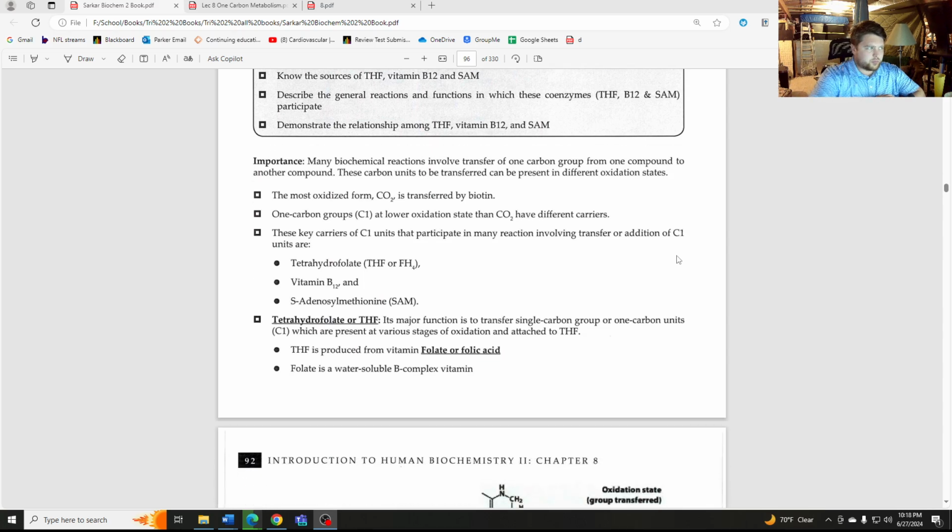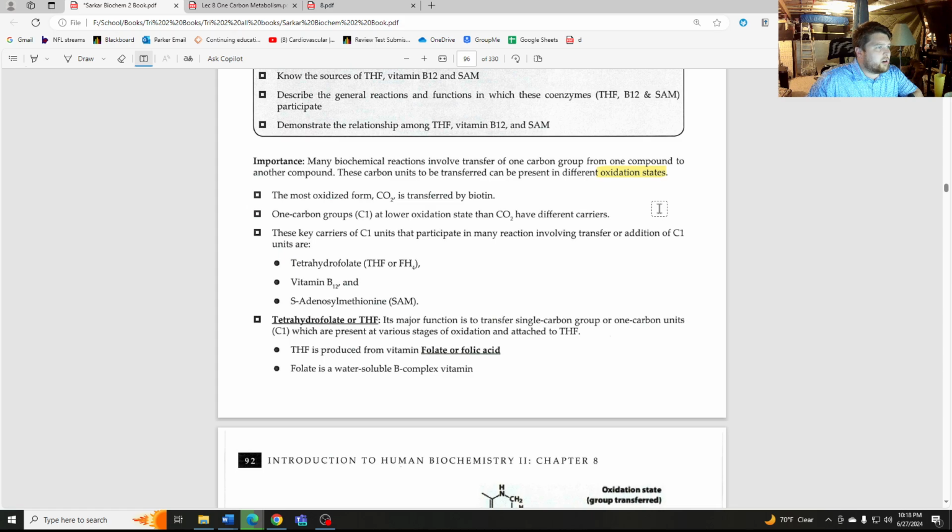So, many biochemical reactions involve the transfer of a single carbon group from one compound to another compound. These carbon units can be present in different oxidation states. This is going to be the key word that we're going to be looking at, oxidation states.